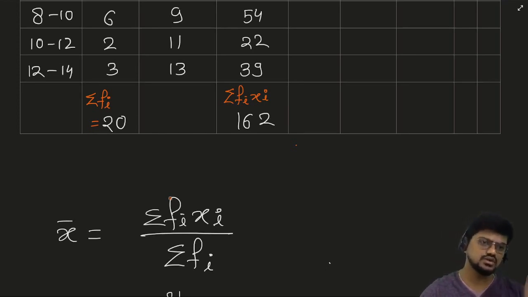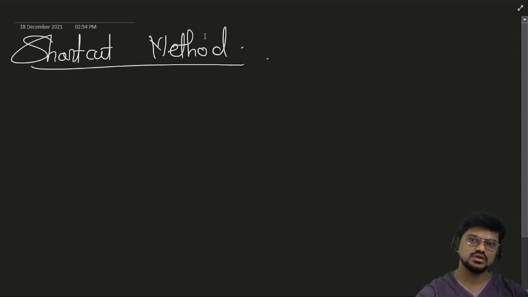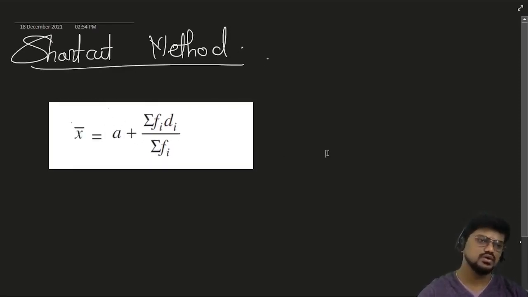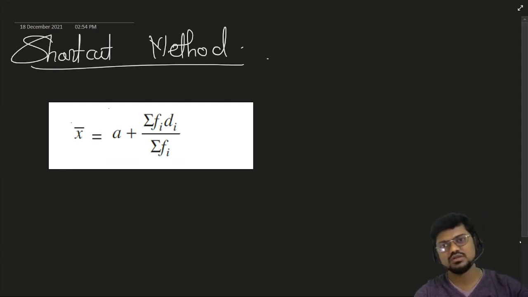Now, how do we use the shortcut method? That also I'll tell you. But before that, first I'll tell you the formulas we will be using in the shortcut method. We'll be using this formula to find the mean using the shortcut method. Now, what are all these?